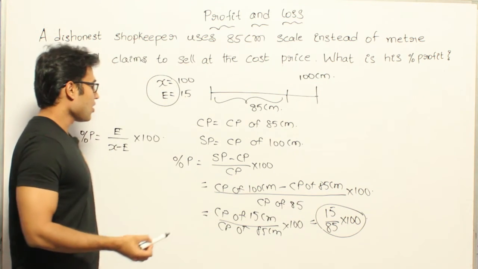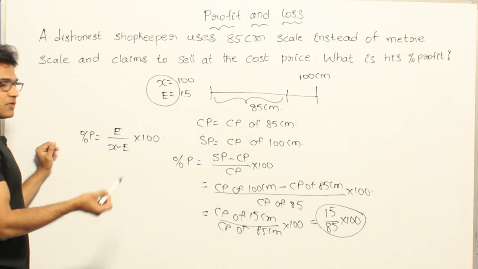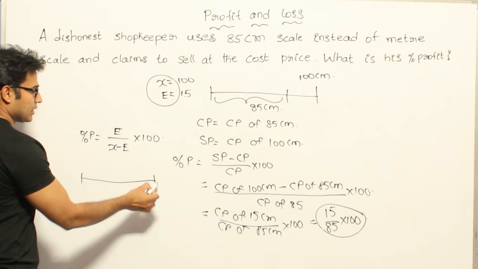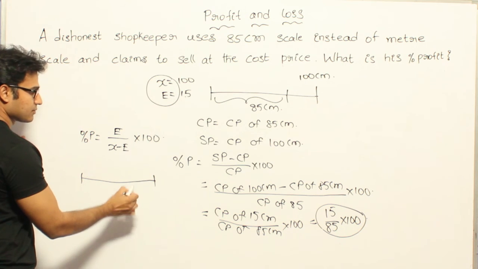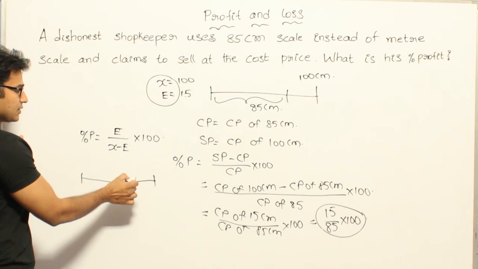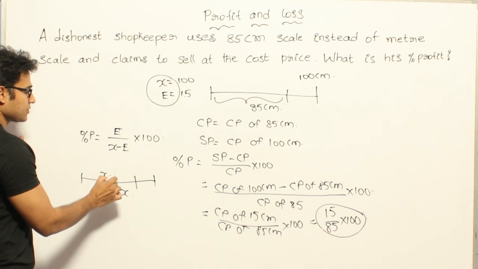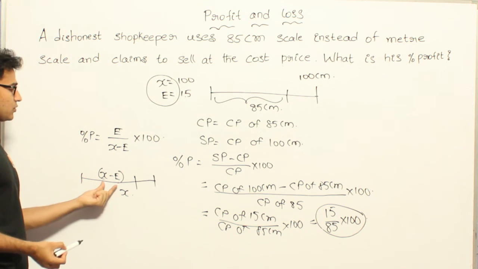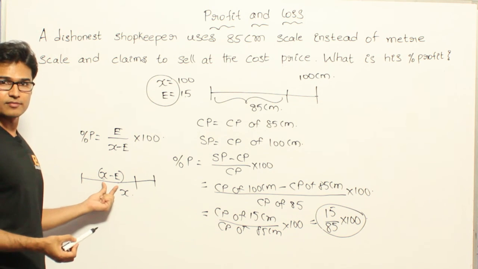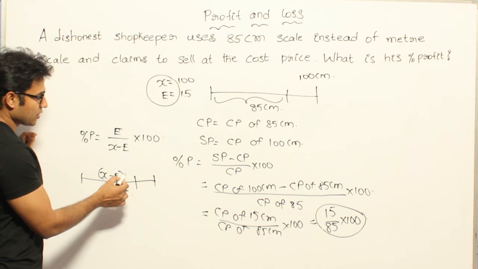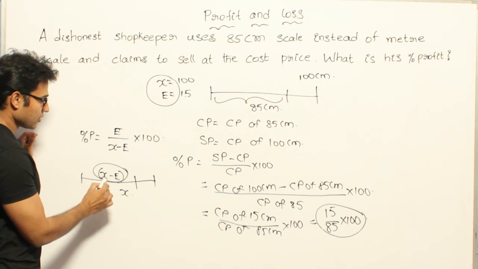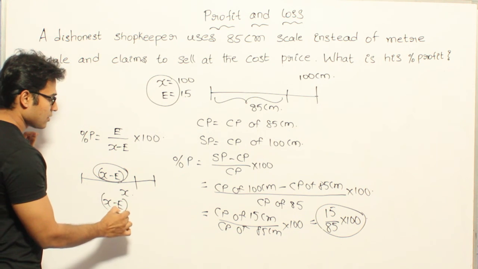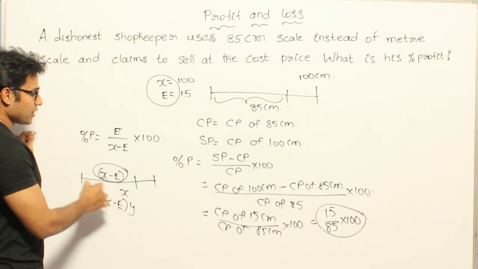Or if you want to understand it in another way, you can assume that the shopkeeper is using a meter of X, but then he is actually selling only X minus E. Now assume that each unit cost is, let's say, Y. Then what will be his cost price? His cost price will be (X minus E) into Y. Now what is his selling price?